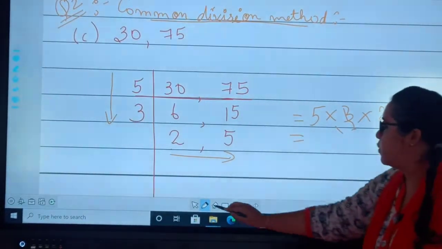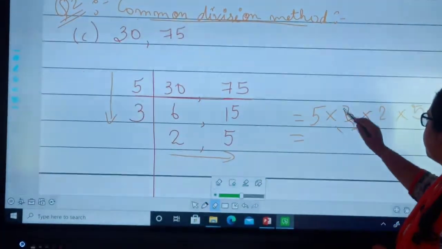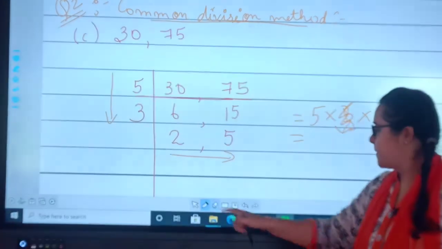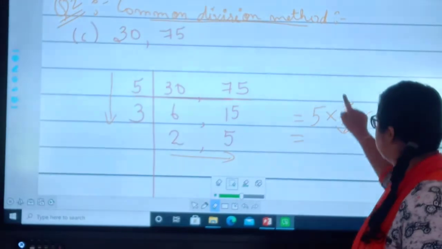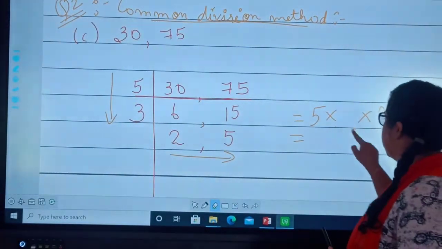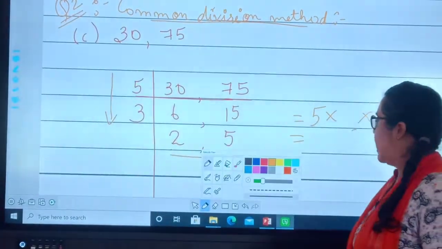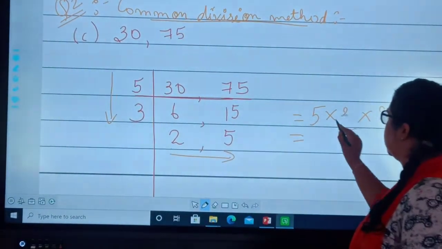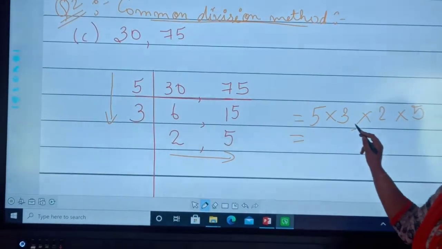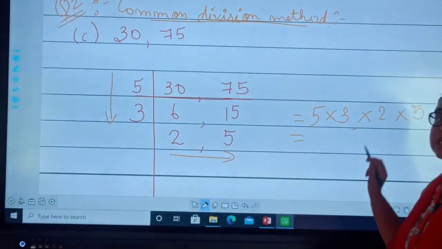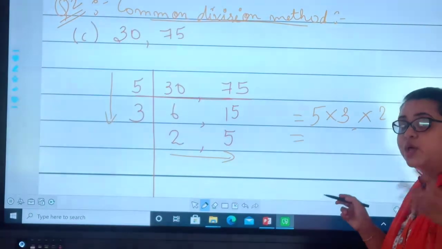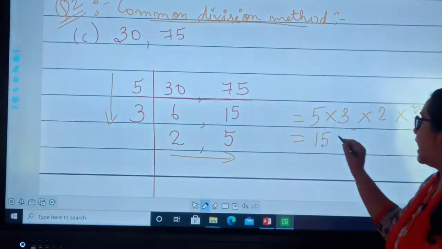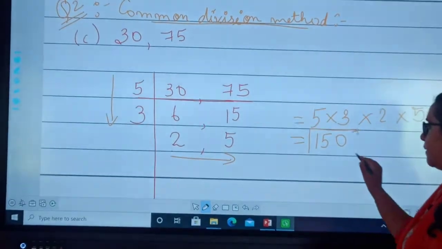So my answer will be: 5 3s are 15, 15 2s are 30, 30 5s are 150. My answer will be 150.